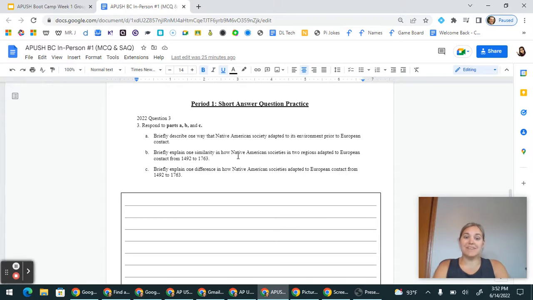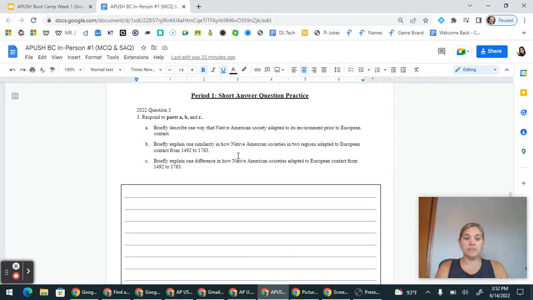Then we are going to start our first short answer question. This is the actual short answer question that was on the AP exam in 2022. This was question 3. Up to this point, you've only learned enough to answer part A. So we're going to come back next week and finish parts B and C. But I wanted to give you a chance to practice and become more familiar with this type of question on the AP exam.